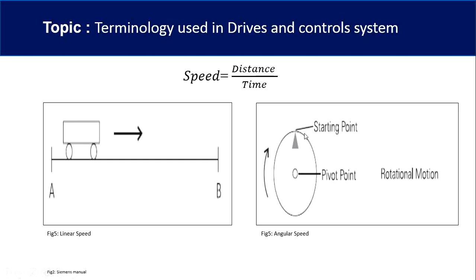That means the speed determines how long it will take for the object to rotate a specified angular distance. That is measured in revolutions per minute. I will repeat again: angular speed, also called rotational speed, determines how long it takes for an object to rotate a specified angular distance.